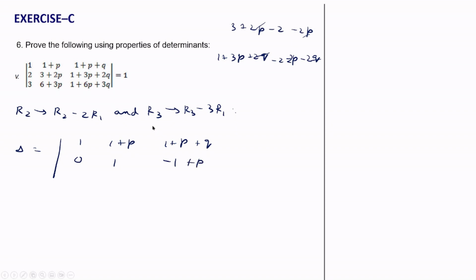And next we have R3 changing to R3 minus 3 R1, 3 minus 3 0. Here it is 6 plus 3p minus 3 minus 3p. So it is 3. And then here we have 1 plus 6p plus 3q minus 3 minus 3p minus 3q. So it is minus 2 plus 3p.